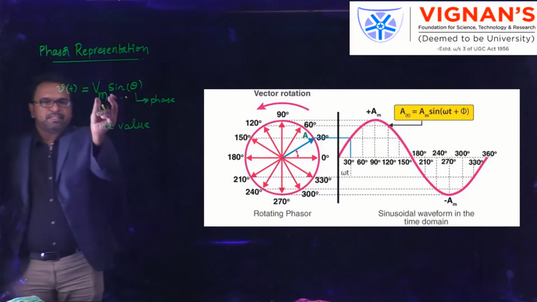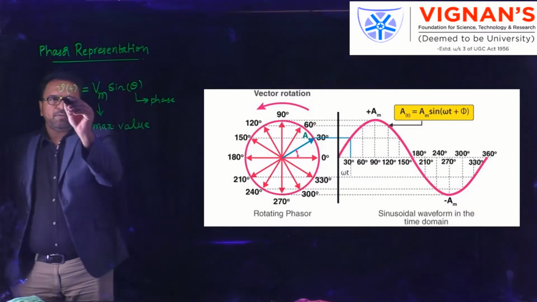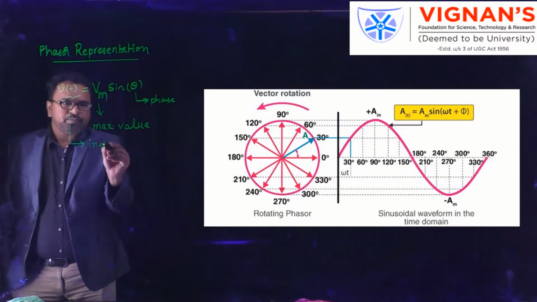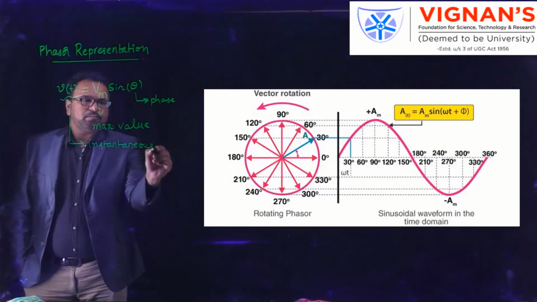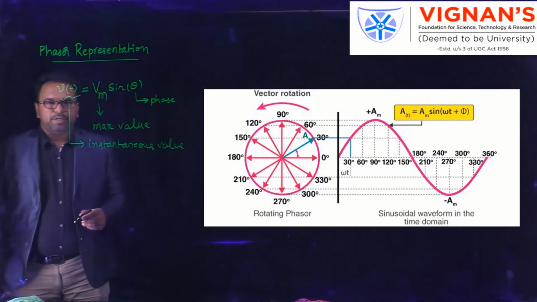And V of t is the instantaneous value of the sinusoidal quantity.